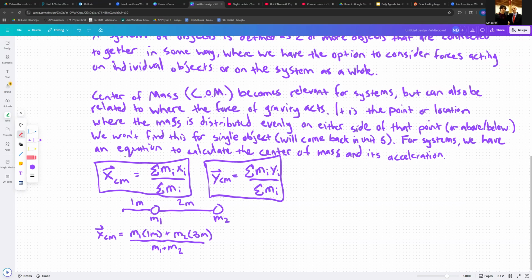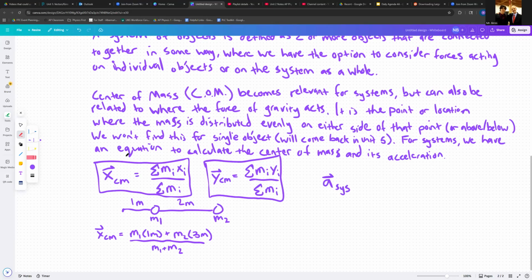So the acceleration of a system. And it's funny because this is the way that they write Newton's second law on the sheet. It is not written just as sum of forces equals mass times acceleration. It's written in terms of systems, which is fine because technically, even an object by itself could be considered a system.